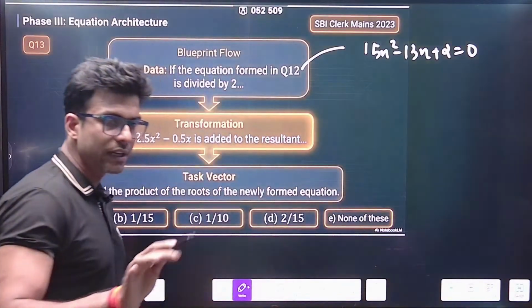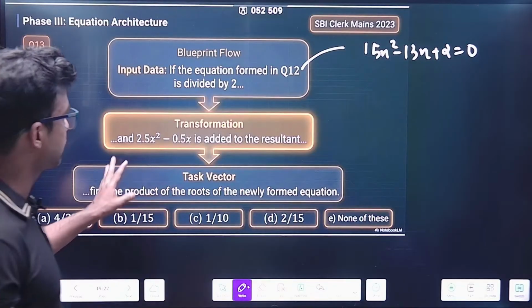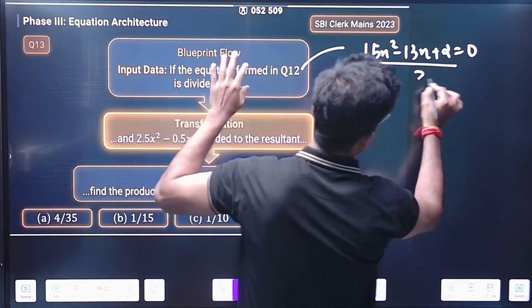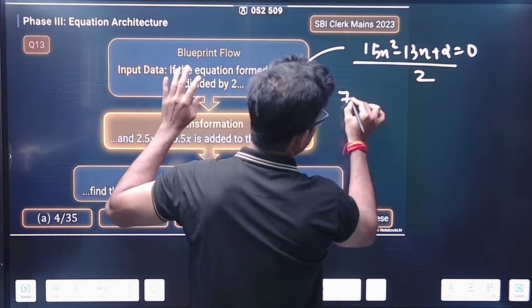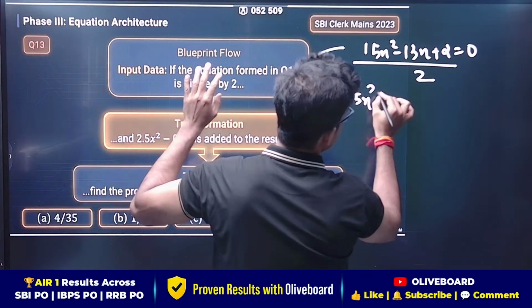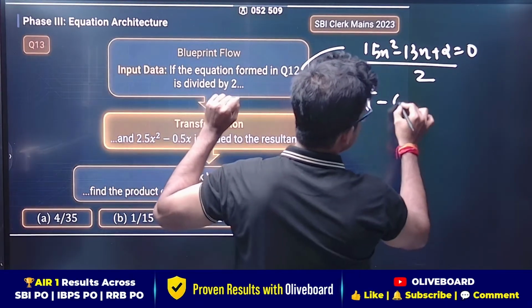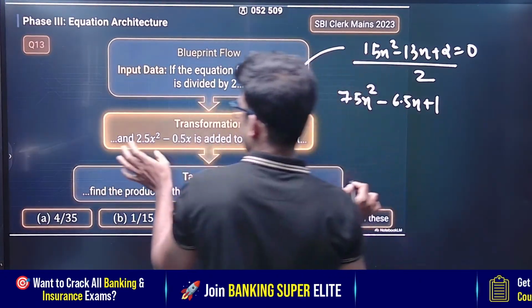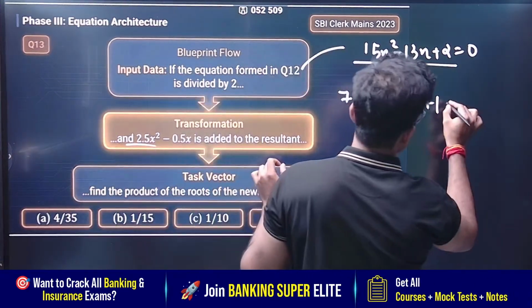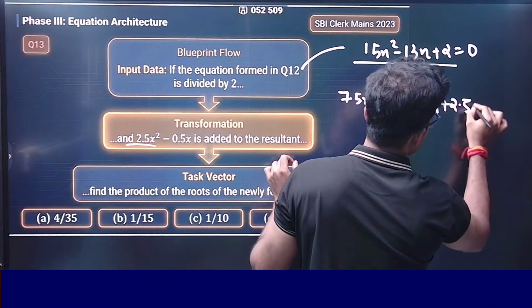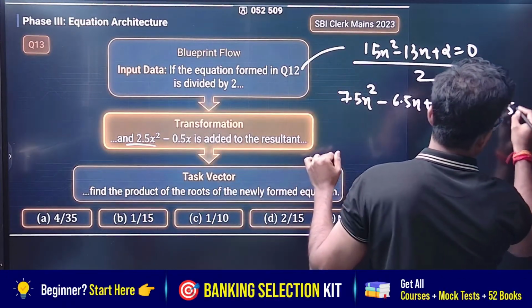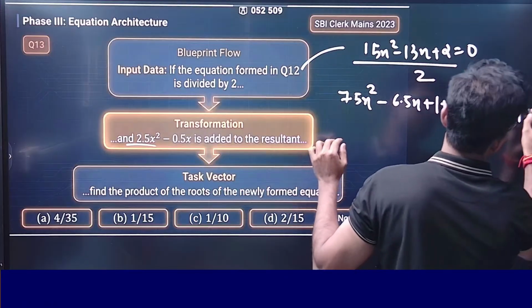Guys, come on, slowly answer. These are very good questions, everyone. See, first of all, they are saying divide this equation by 2. If you do so, this becomes 7.5x square minus 6.5x plus 1. Now here they are saying to add 2.5x square minus 0.5x, is equal to 0.